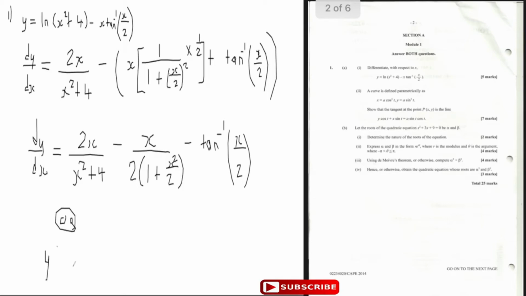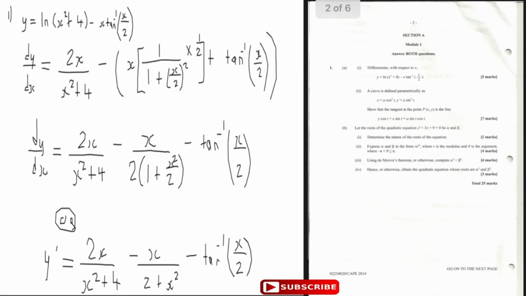You could write that y prime is equal to 2x over x squared plus 4 minus x over 2 plus x squared minus tan inverse (x over 2). This is just an alternate way you could write it. All right, nice and easy.